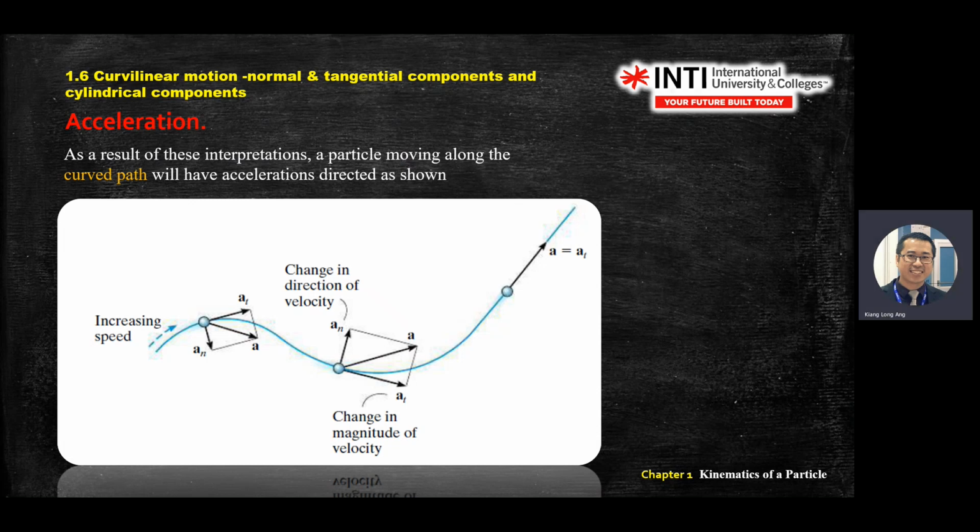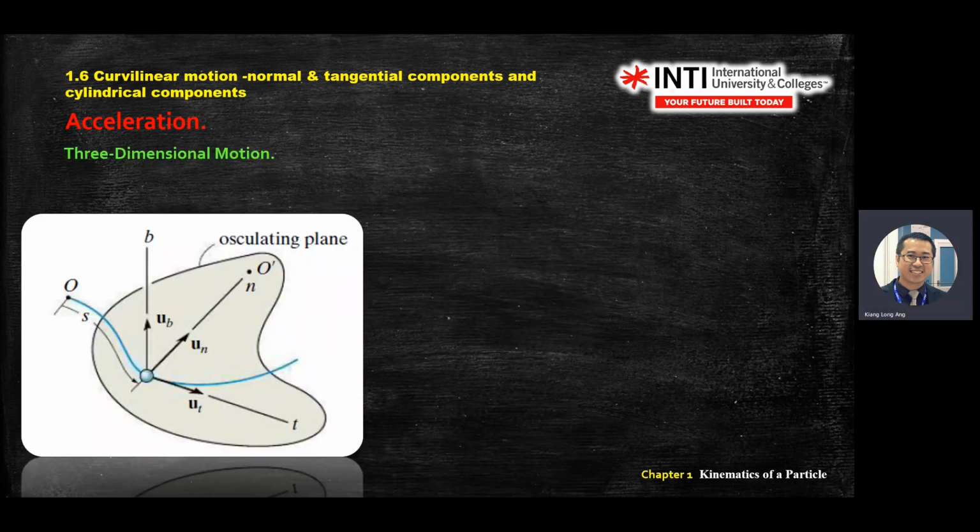What happens if the object moves in a three-dimensional motion? You add one more axis, which we call B. The gray area here is a piece of paper like what we covered previously, with a normal and tangent direction.